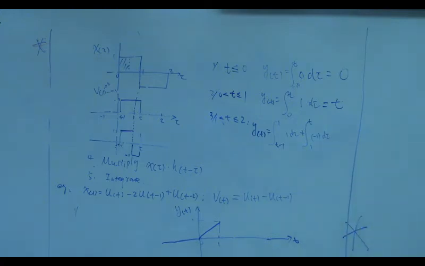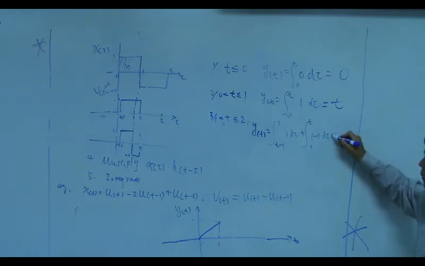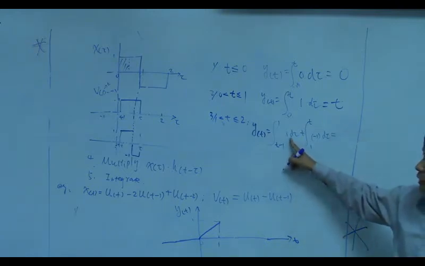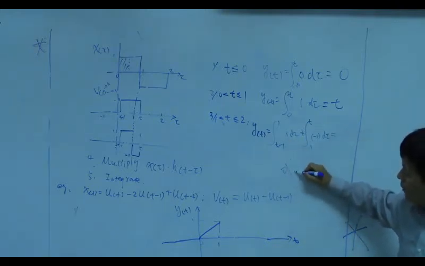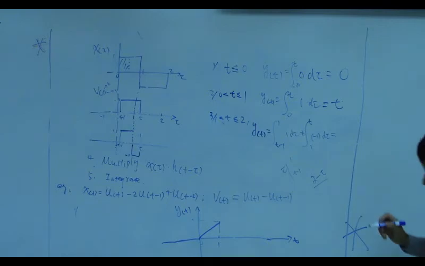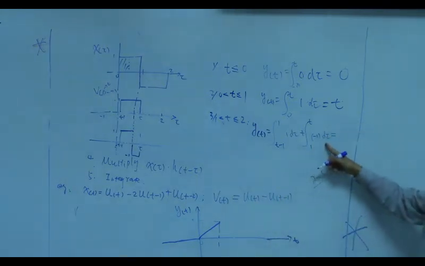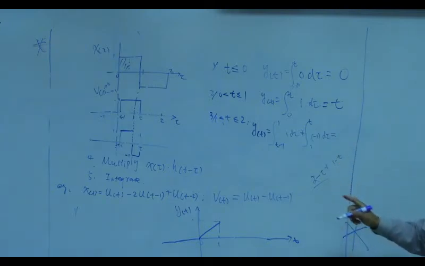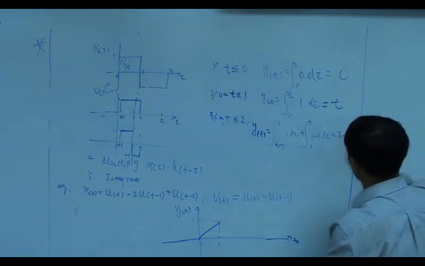I assume everybody can do the integration. So this one equals t, evaluated from t minus 1 to 1, so that will be 1 minus t, then plus 1, so this part equals 2 minus t. And this one is negative 1, so it's 1 minus t. So adding together, this result equals 3 minus 2t.